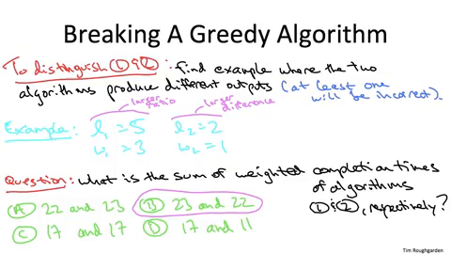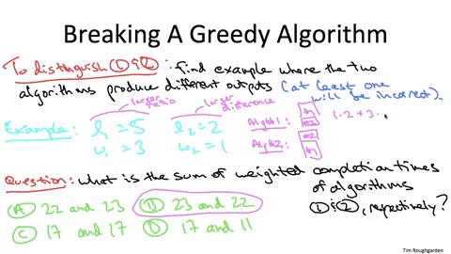So it just remains to compute the objective function value of those two schedules. So for the first schedule with the second job first, well, the second job has a weight of 1, it has a completion time of 2. The first job has a weight of 3 and a completion time of 7, so that gives us a total of 23. Whereas the schedule produced by the second algorithm, we have the weight 3 job first.